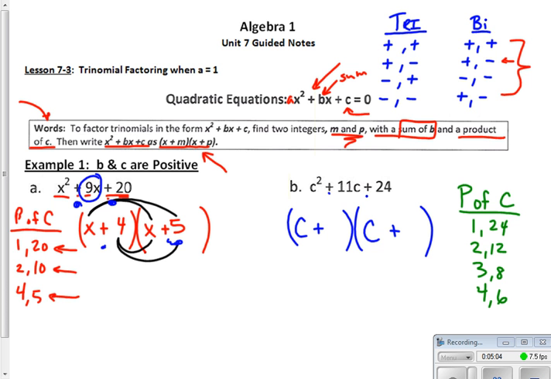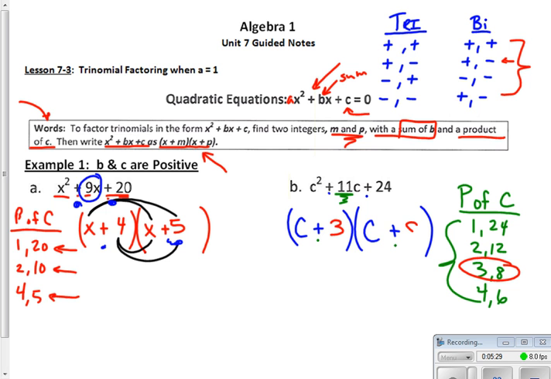Now remember, they have to have a sum of b. b is 11. So if both these terms in my binomial are plus, basically they're going to be added together. Those two terms are going to be positive. So I look at my product of c, and which out of that group could give me, when added together, that 11? Well, there's only one, and that would be this group right here, 3 plus 8.